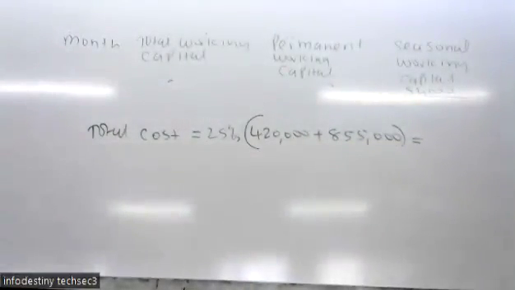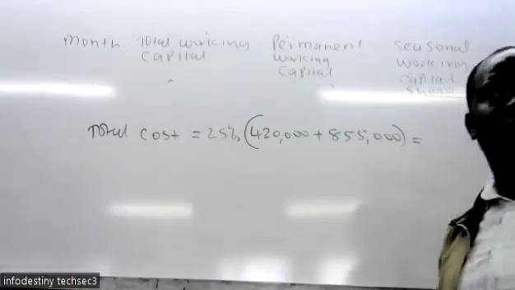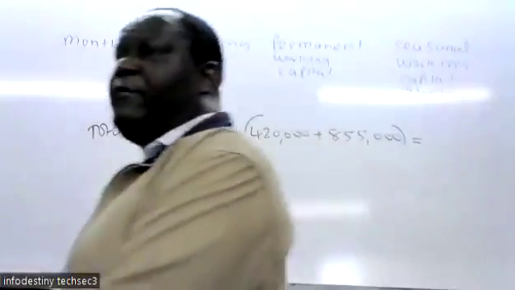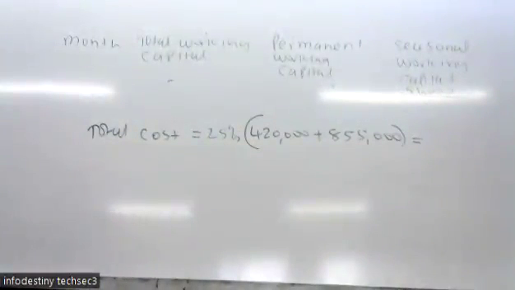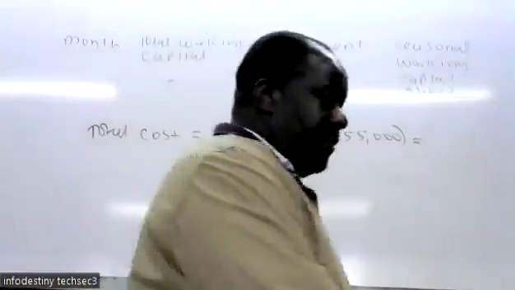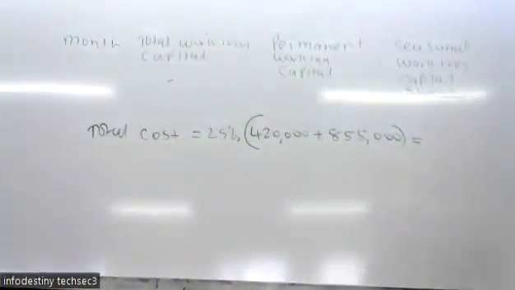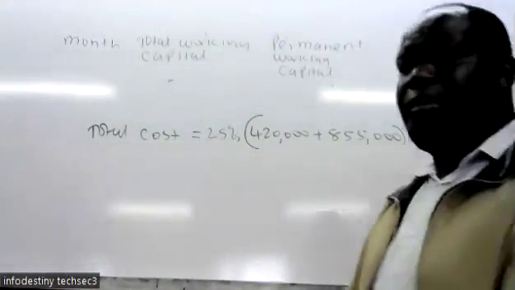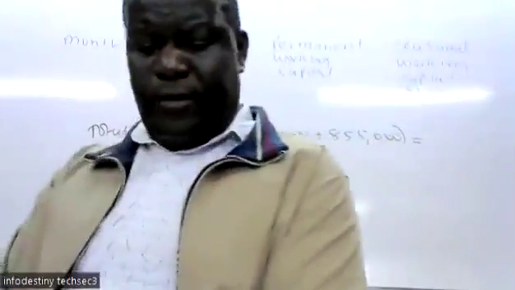So you simply get 25% of that particular total cost. So that is now the conservative financing policy.